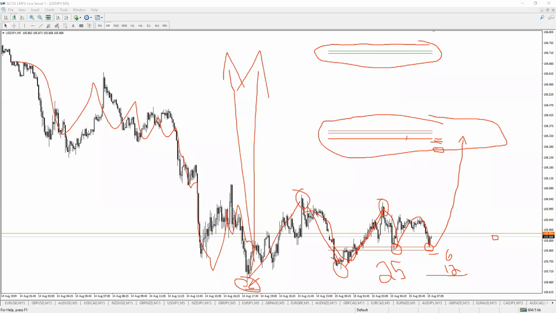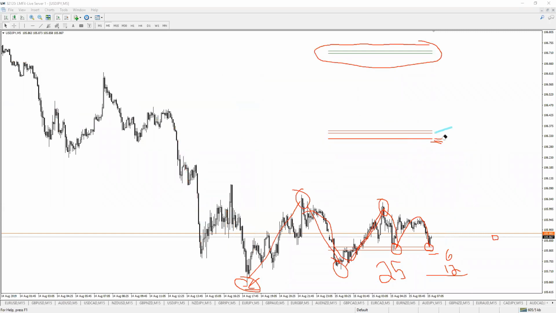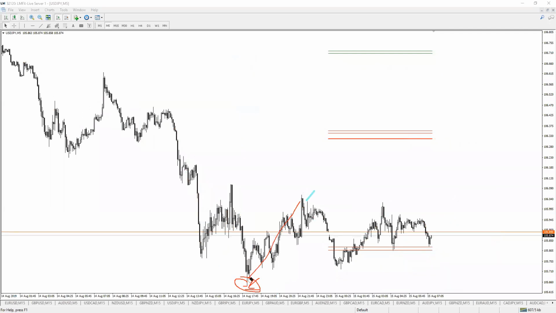So for example, if this trade wasn't developed just yet, and you were looking specifically at this candle, this little white one in the middle.